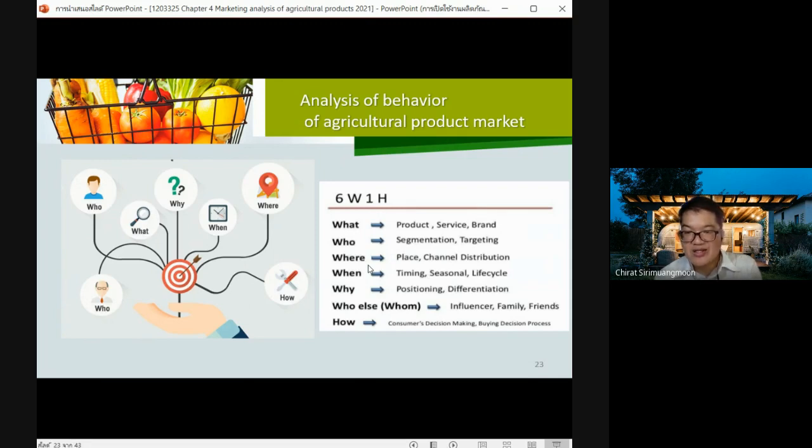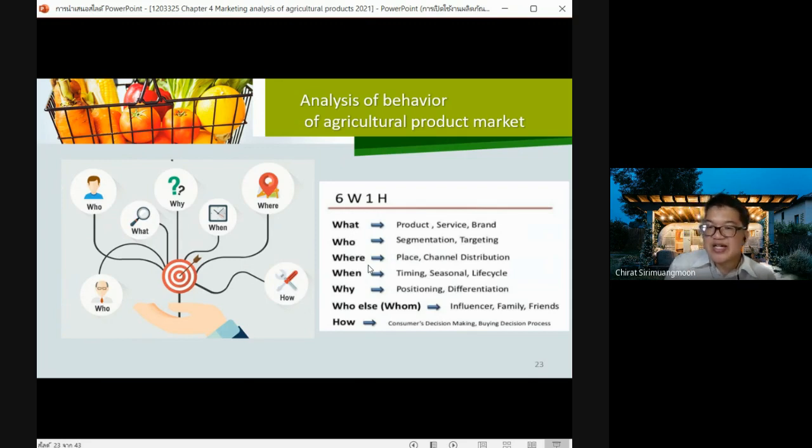Then where your product is going to be purchased, like you think about the place, you think about the distribution channels that are going to export or distribute your product. And then you also need to think about when, in terms of time, seasons, and also life cycle. So one product might have different timing, different season, and also different stage of lifestyle of the product.